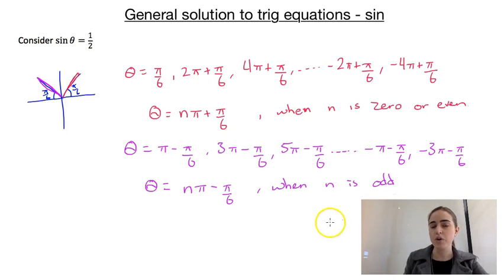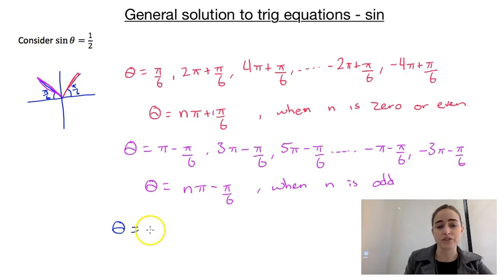So this one's a little more complicated than our general solution for cos, because it's a plus when n is 0 or even, and it's a minus when n is odd. To combine those two solutions, we're going to write n pi plus minus 1 to the power of n times pi on 6.